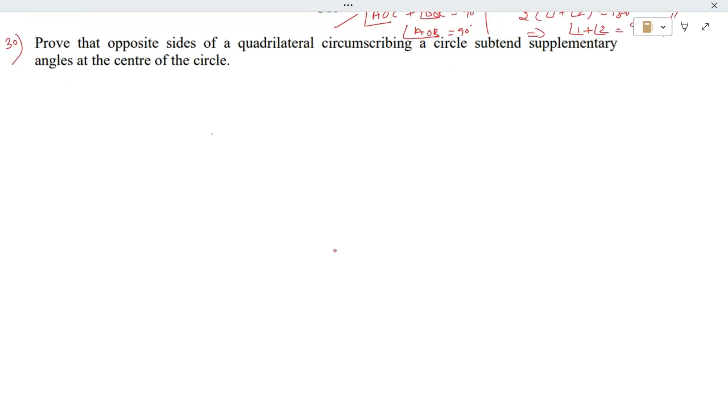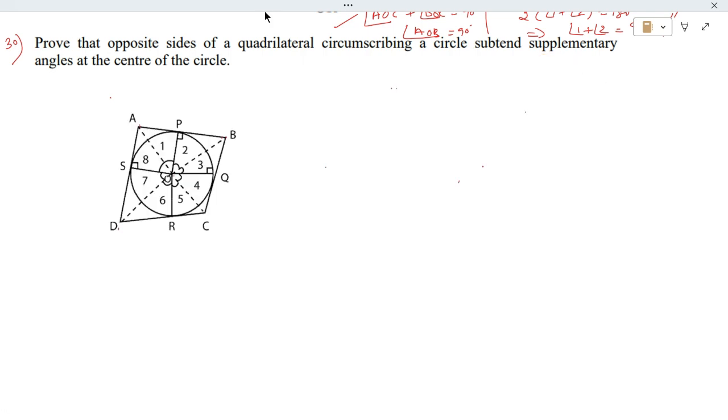Let's come to the second question of question number 30, which is an internal choice. Prove that the opposite sides of a quadrilateral circumscribing a circle subtend supplementary angles. Supplementary means the opposite sides make angles adding up to 180 degrees at the center. So let's draw the figure. Here you can see all four sides of a quadrilateral circumscribe a circle.